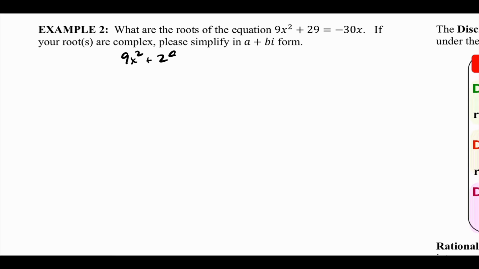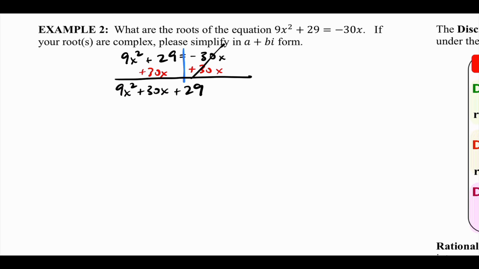Let me rewrite the problem first. Set equal to 0. We've done this many, many times before. Add 30x to both sides. So 9x squared plus 30x plus 29.